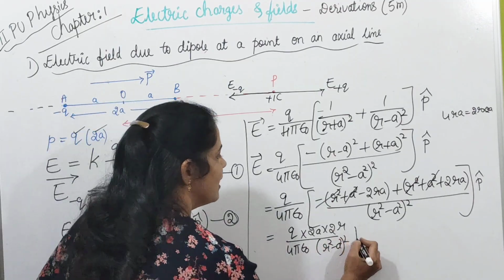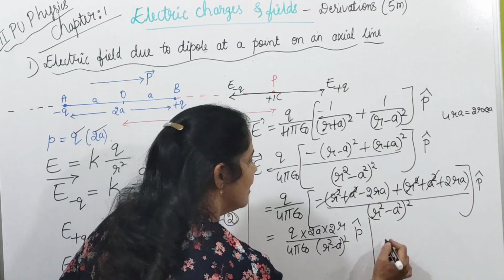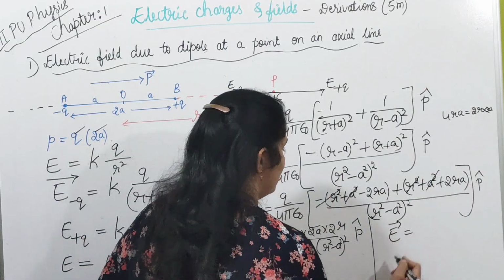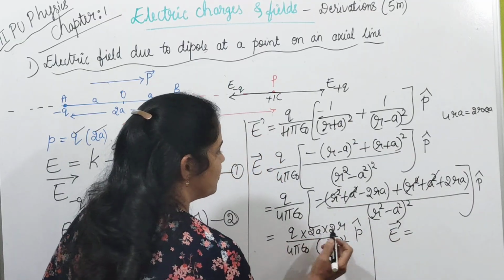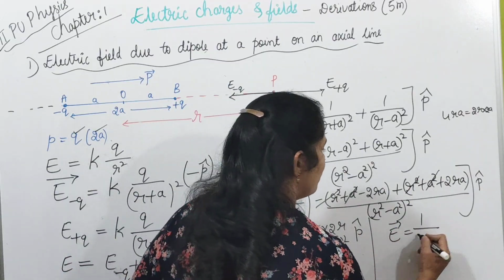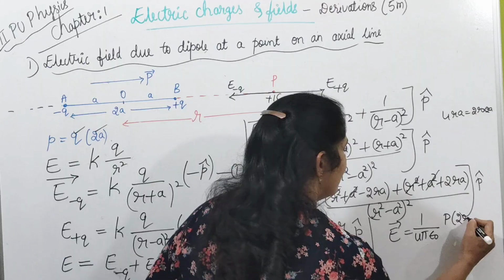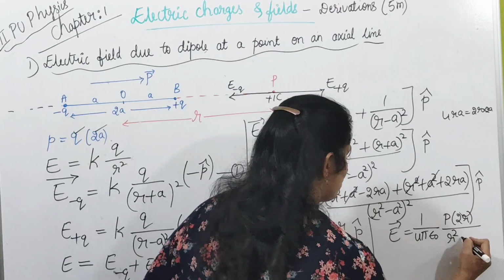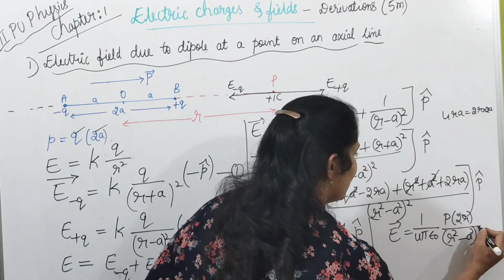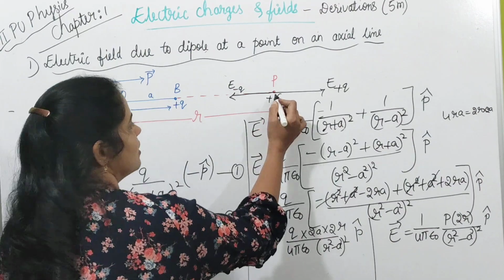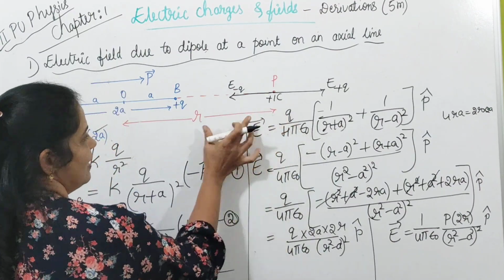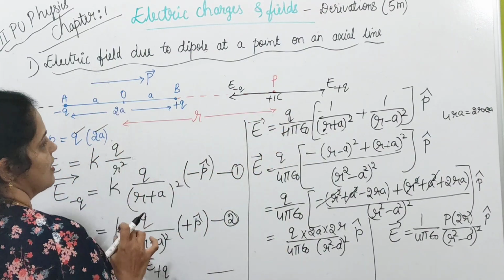That's why let me write this as here electric field in vector form. See, P, Q into 2A is P. So, that is 1 over 4 pi epsilon naught P into 2R divided by R square minus A square to the power 2.